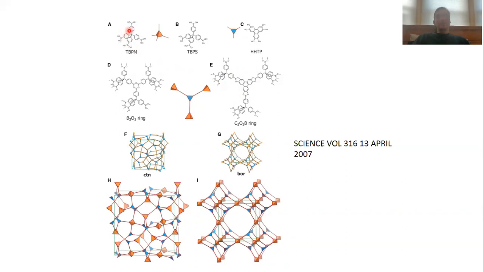If you use this tetrahedral building block alone and you form the anhydride, then you have these B3O3 6-membered rings as the trigonal planar building unit. Okay.